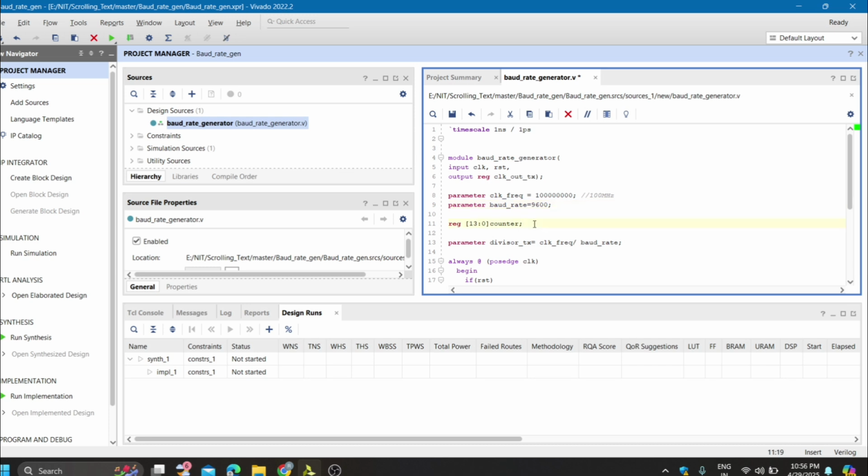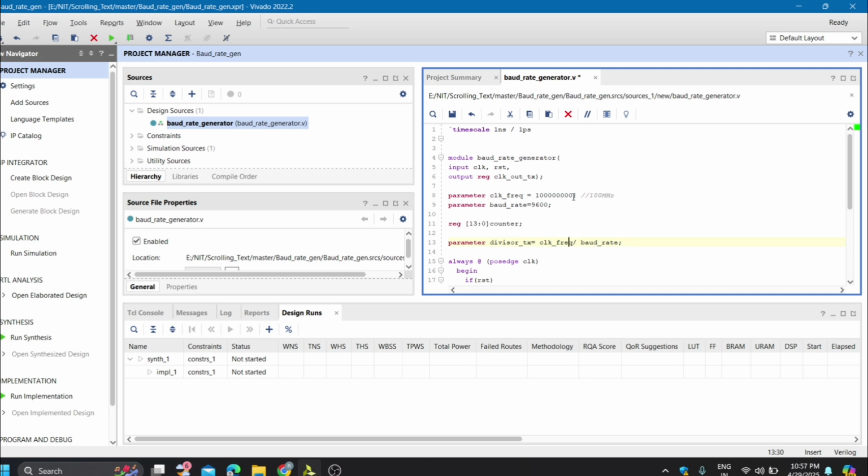Okay. Next I mention one register, the counter register. Why we are using this counter, I will explain in the next part. It is a 14-bit counter. It's 13 down to 0, so it's a total of 14 bits. Then we need to divide this internal clock by the baud rate. Because this clock frequency is huge, we need to divide this clock, so that's why we are dividing with the baud rate.